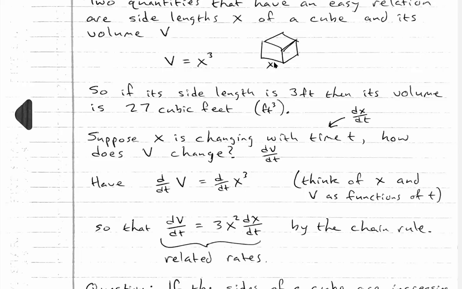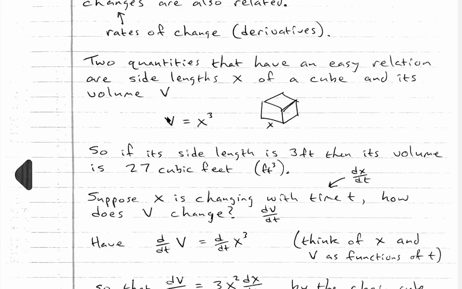Okay, so suppose this box is increasing, changing with time t. So suppose the side length x is increasing. So what's the corresponding change in the volume? If we know dx/dt, can we find dV/dt?